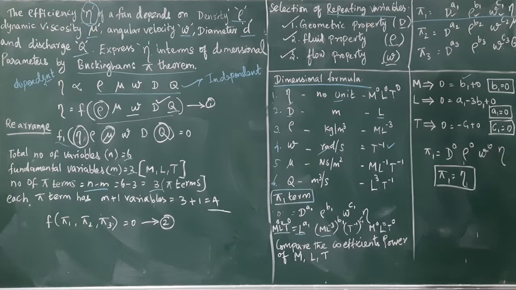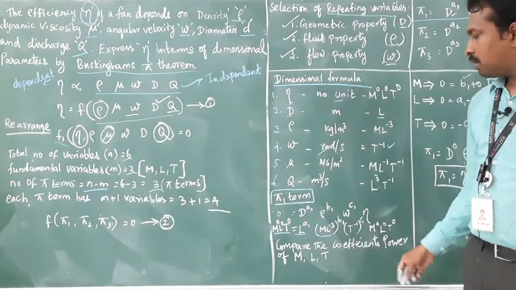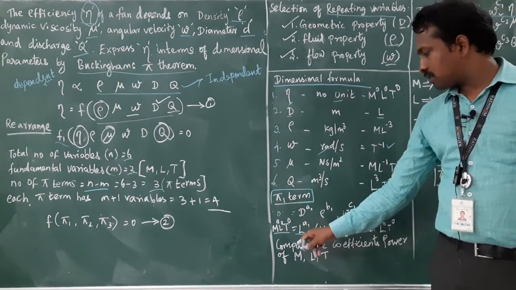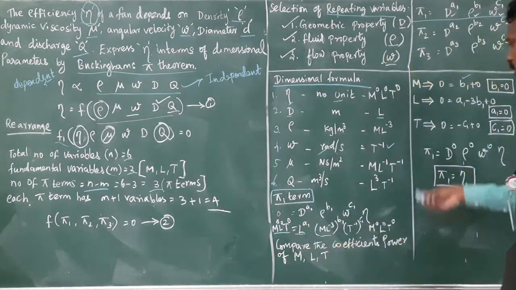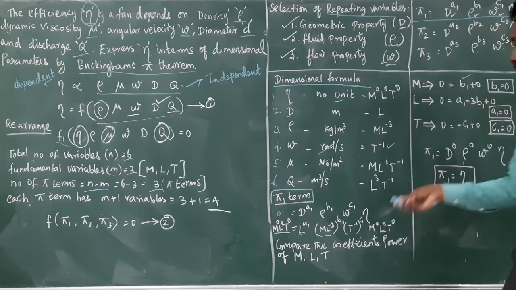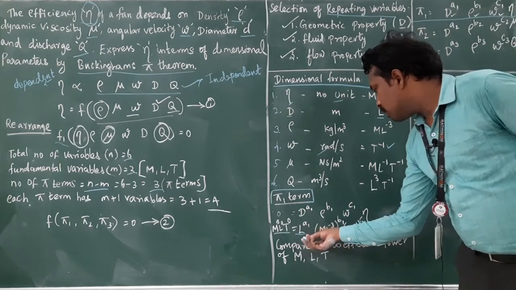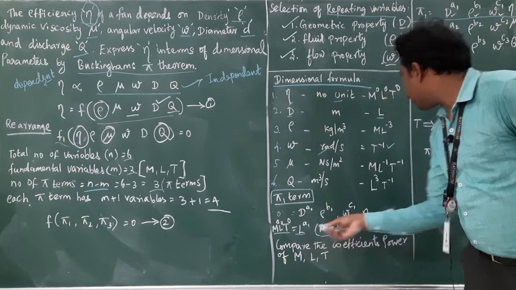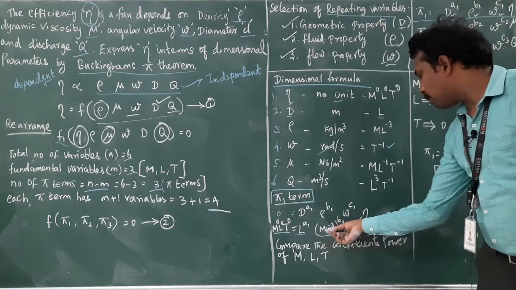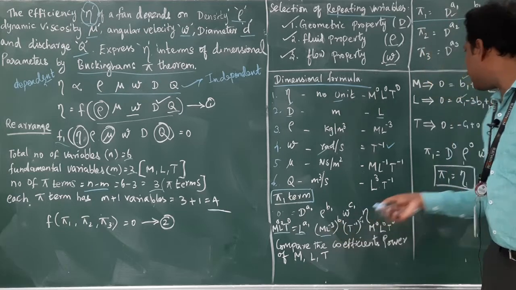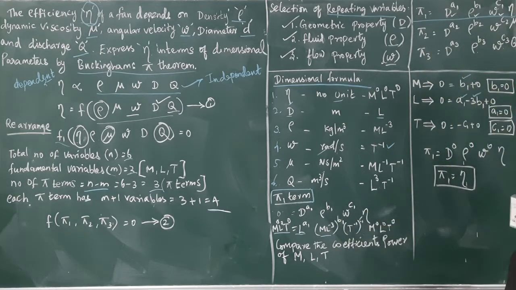Next, comparing the power of L. Here the L power is 0, so 0 equal to, here L power is a1. Next, here L power is minus 3 to the power of b, which is minus 3b.